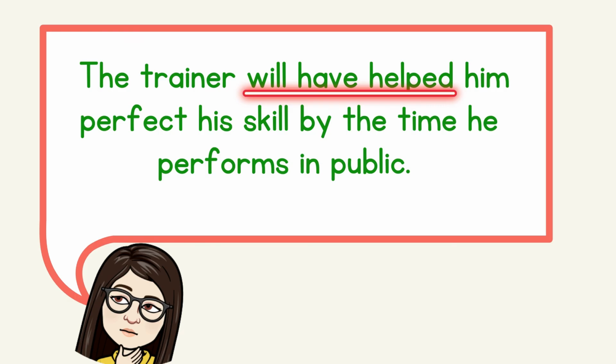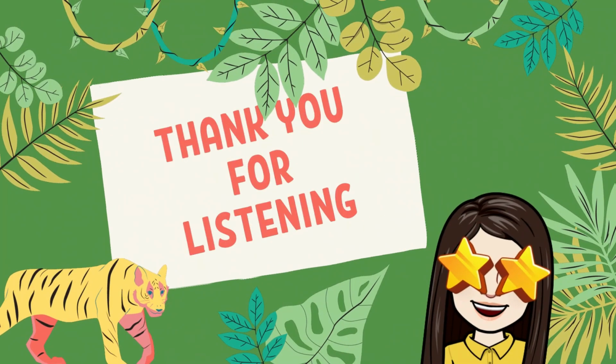It tells us that the trainer is going to help him perfect his skill sometime now, but before a certain point in the future, before he performs in public. The future perfect tense is for talking about an action that will be completed between now and some point in the future. Are we clear?